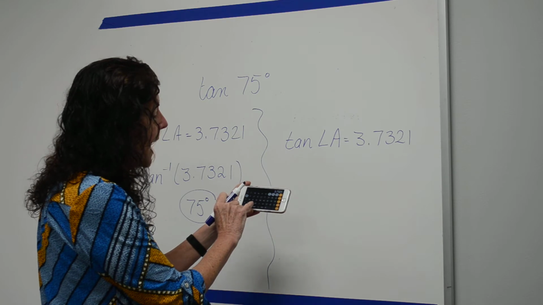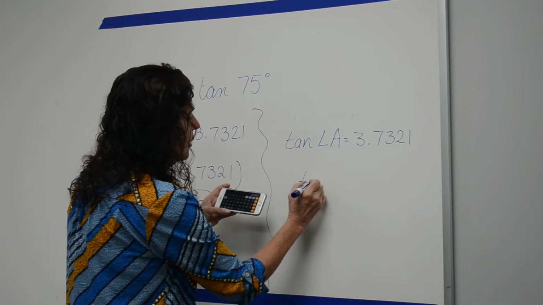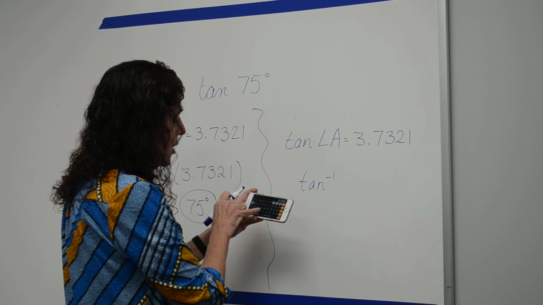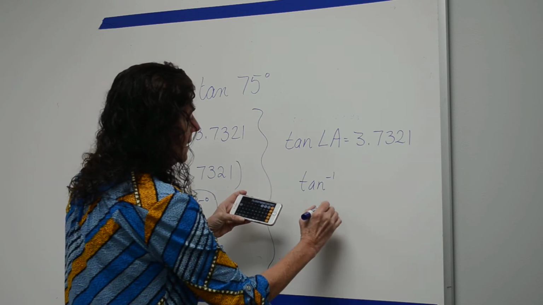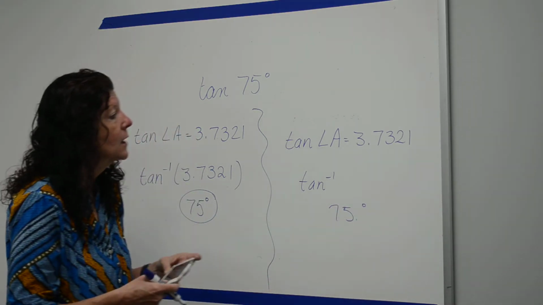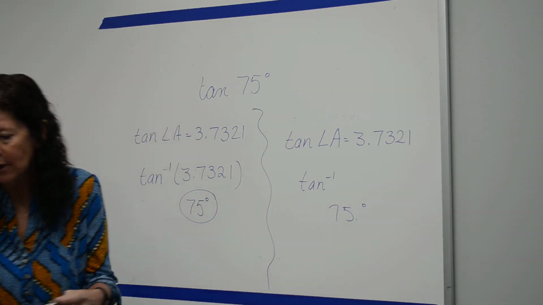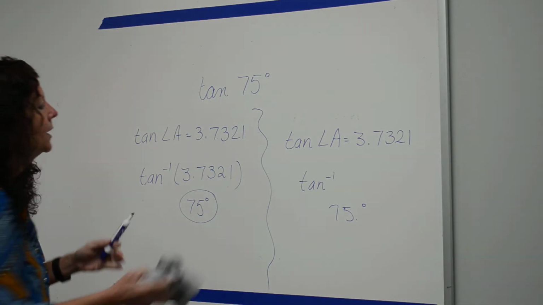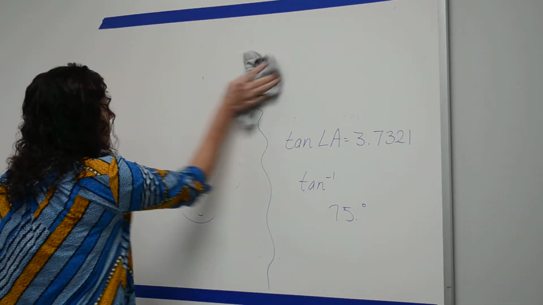And so you should now have one that looks like the tangent of the negative first power. You're going to press that, and you're going to get 75. Make sure that you can figure out how to do that on your calculator. Let's try one, see if you've got it.